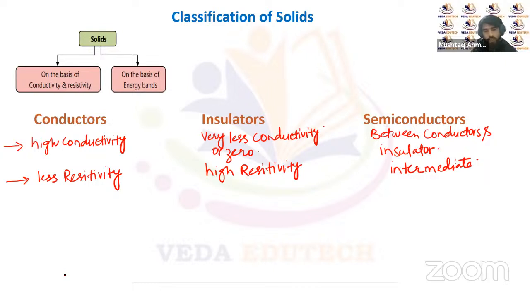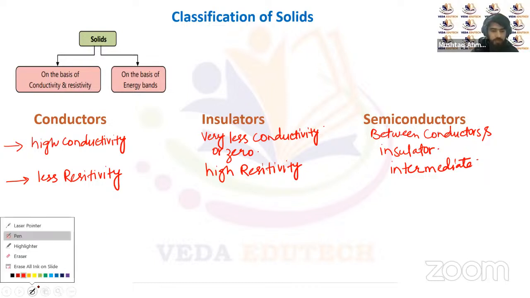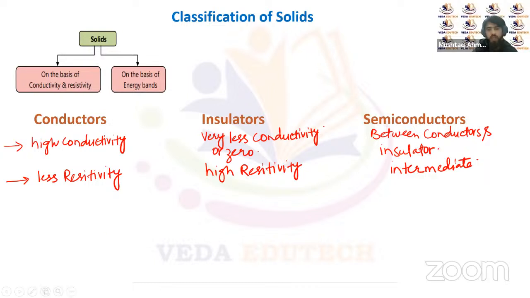Now, we look at the effect of increasing or decreasing the temperature. In insulators, there are no free electrons at all, or we can say the electrons are very closely bound to the nucleus of an atom and not freely available for conduction, right?